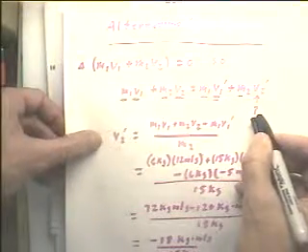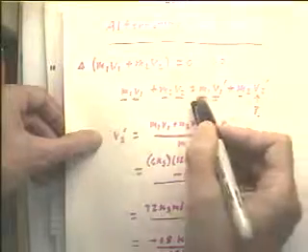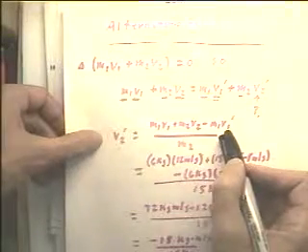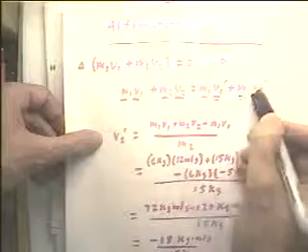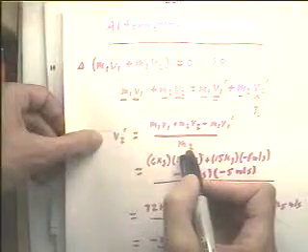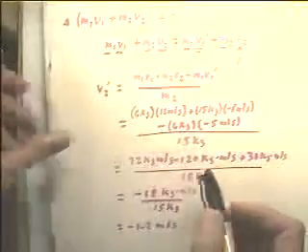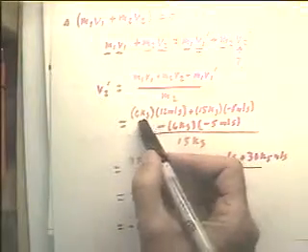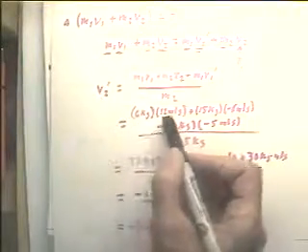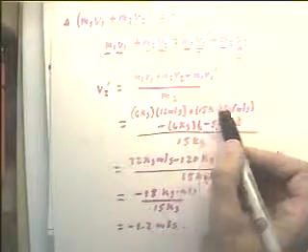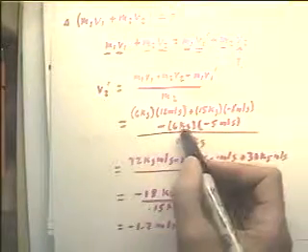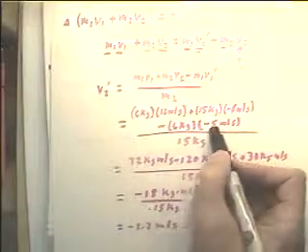The algebra of solving this equation is simple enough. We subtract the m1v1 prime from both sides, then divide by the coefficient m2 of v2 prime to get this. We substitute our values, noting that this is the initial momentum of the first object, the initial momentum of the second, minus the final momentum of the first.